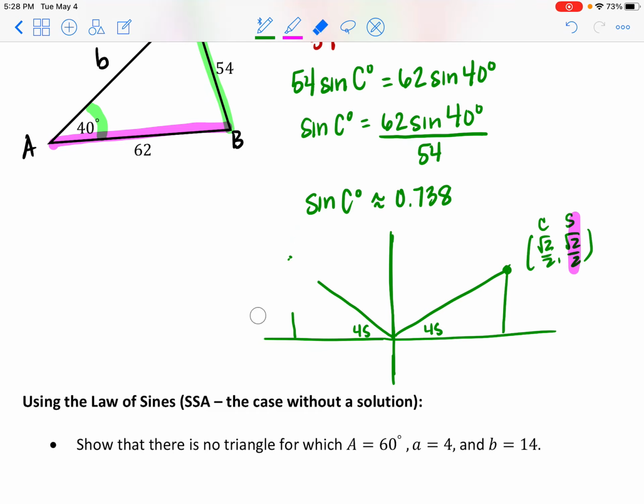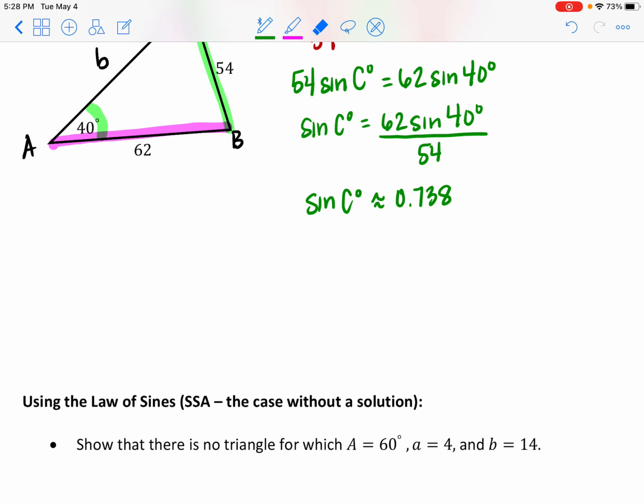So this sine of some angle being equal to 0.738, this is ambiguous. Are they talking about the angle that's in quadrant 1, or the angle that's in quadrant 2? So we actually have to do both cases because we don't know which one it is. It's ambiguous, okay?